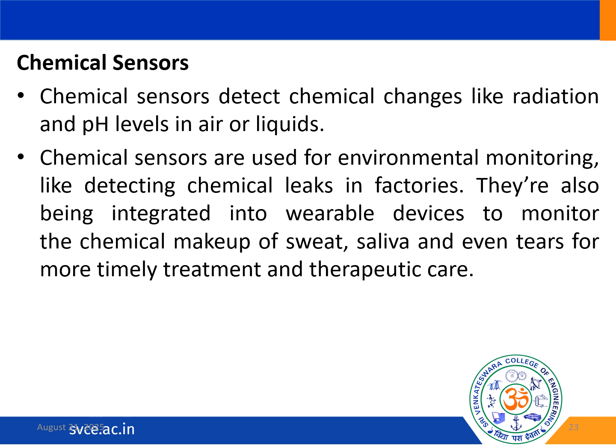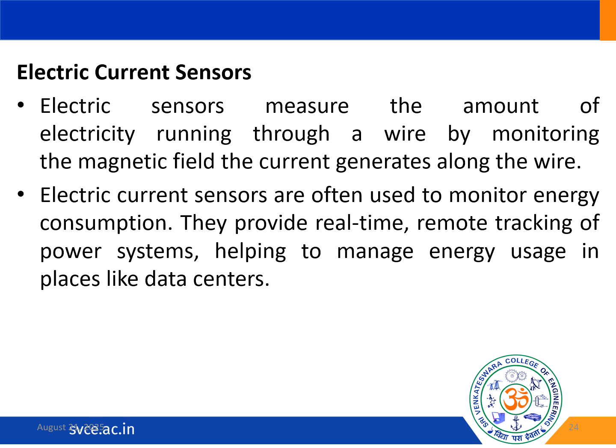This enables real-time insights into a person's health, paving the way for earlier interventions and more personalized therapeutic care. They are also being integrated into wearable devices to monitor the chemical composition for other therapeutic use.